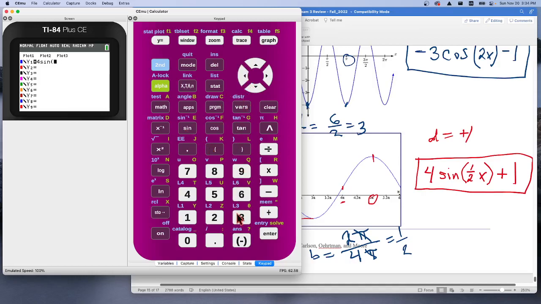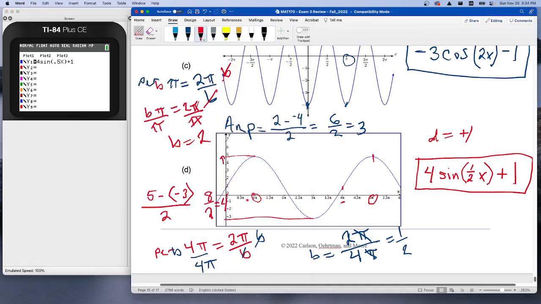So for sine, oops, we already got one of those. So I'll do 0.5 instead of 1/2, X plus 1. Now, to match this up, I try to match the window.